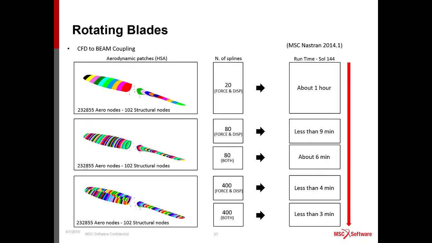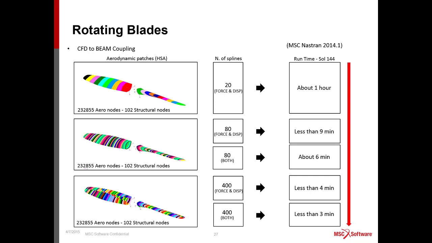Here is a slide that is very important for me, because I'm going to show you different spline configurations, in which we increase the number of patches that we have performed with the HSA. As you can see on the right side, having done just 10 patches, 10 splines for each blade, we have to wait 1 hour to get the results.